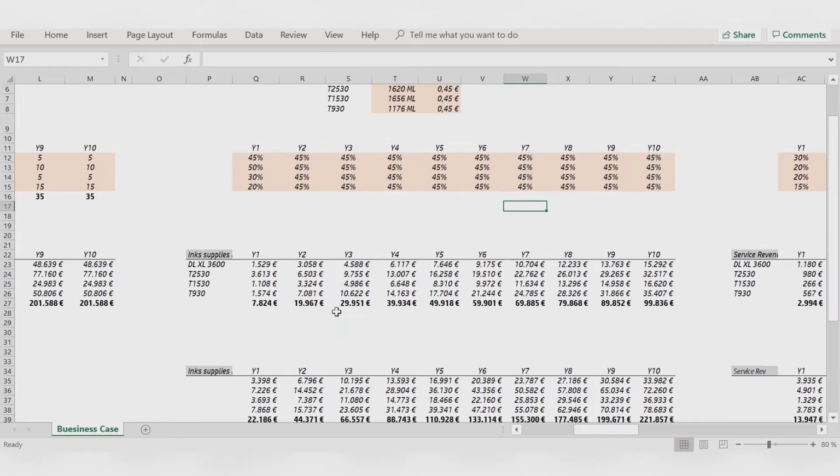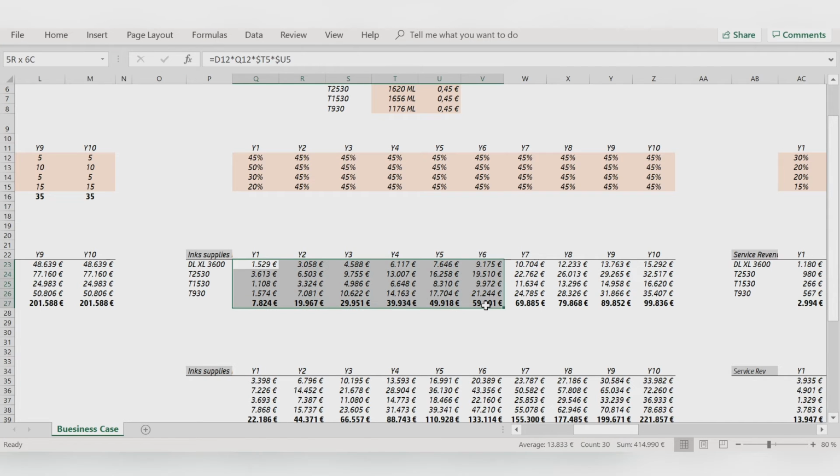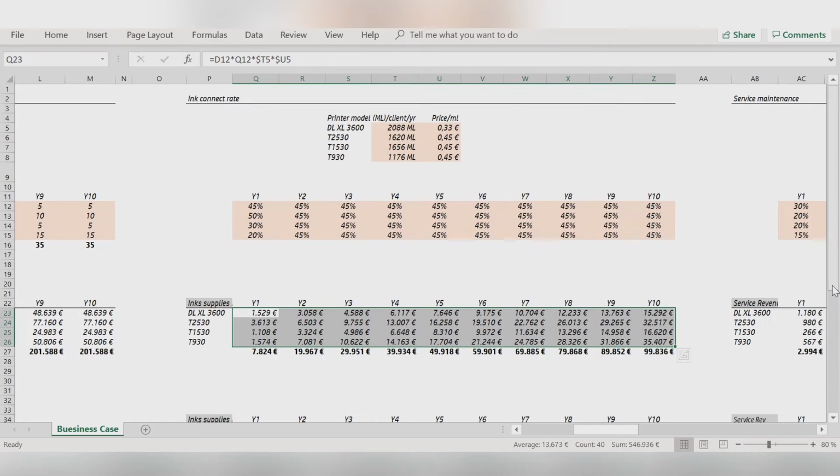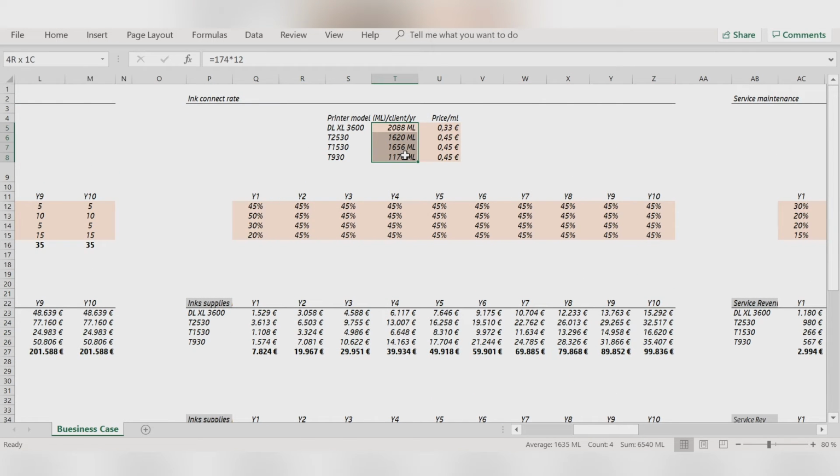If you know your units sold and you know your ink supplies revenue, assuming a usage per client and per year, you could calculate more or less the connect rate that you're getting out of the revenues that you're doing today for ink supplies.